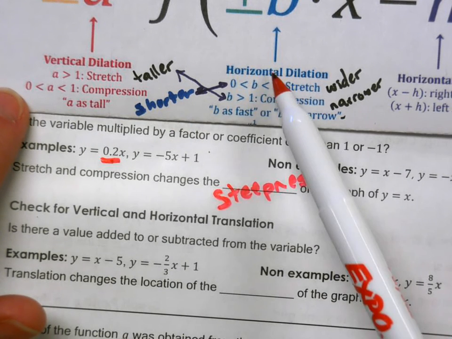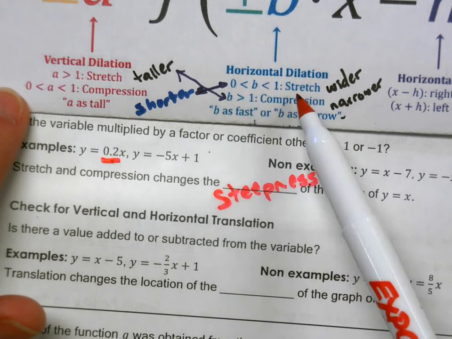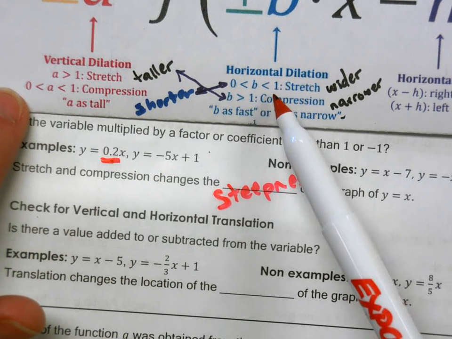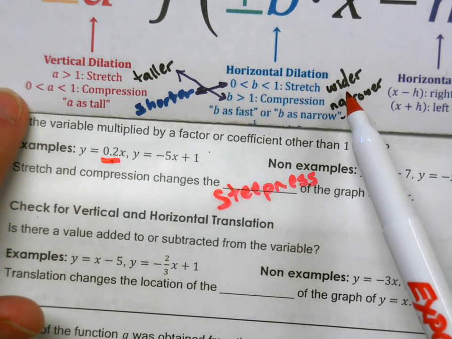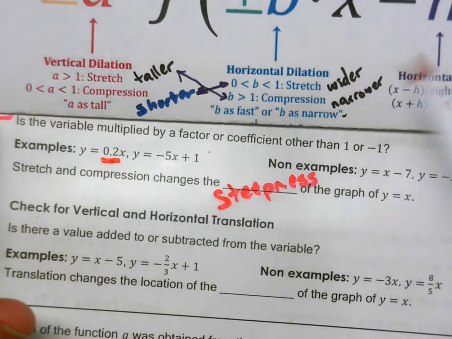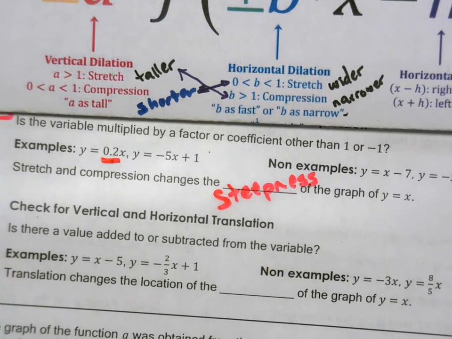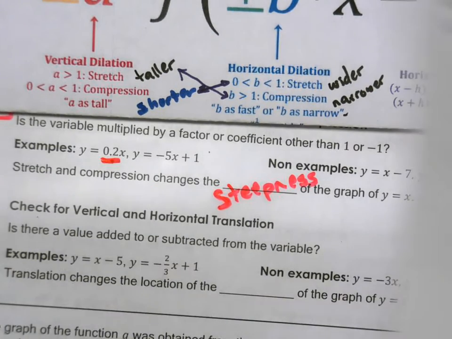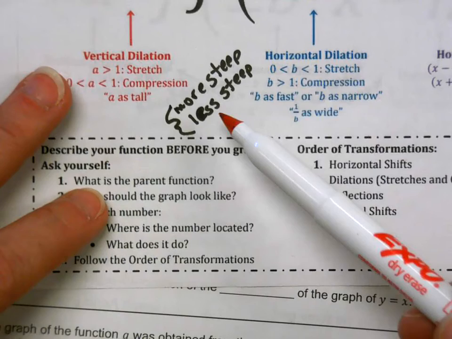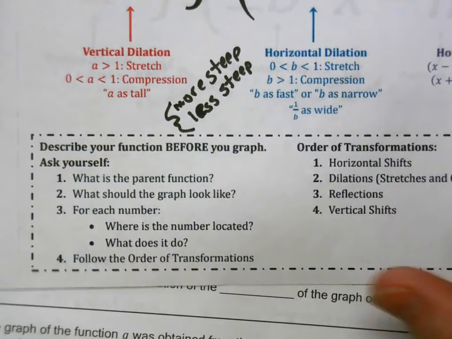Over here, it's horizontally stretched because it's from 0 to 1, it makes it look wider. However, we would use the words less steep because it's less than 1.